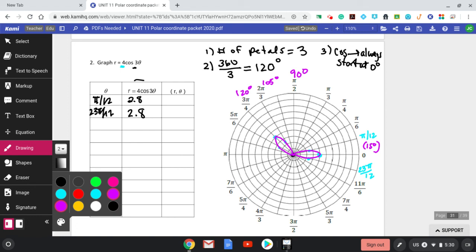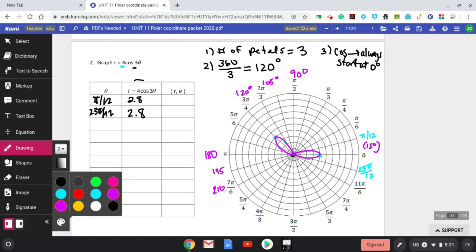Okay, go 120 more degrees. You can go by 15s. You can know that this is 180, so that's 195. I got to go 120 more degrees, so I'm looking for 240, right? All right, let's keep grinding here. That's going to be, let's see, 210.